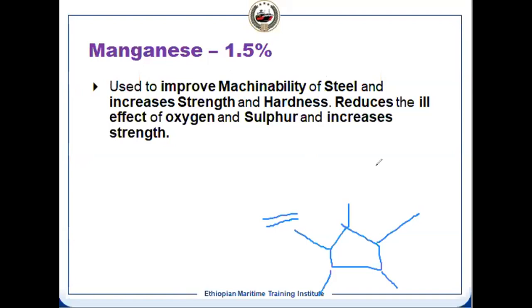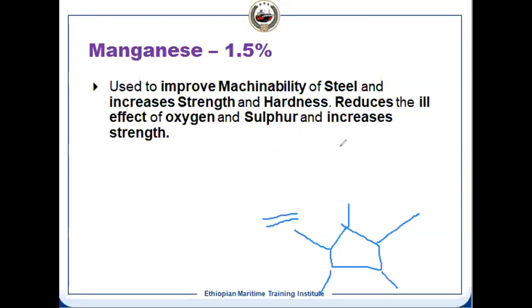Another advantage is that it reduces the ill effect of oxygen and sulfur. What is that? If you have oxygen, it will become oxides. That sometimes helps, sometimes it gives us an adverse effect. So this ill effect of oxygen, which is the adverse effect, can be reduced, as well as the sulfur. Sulfur comes from the iron ore.